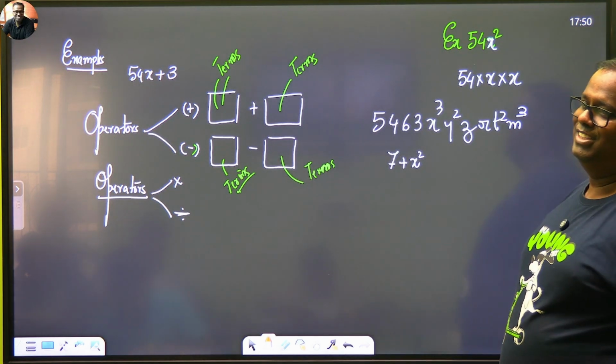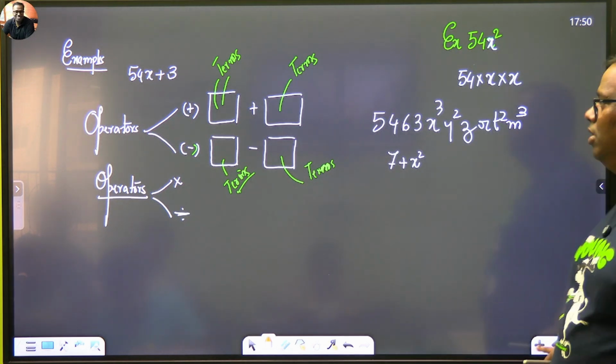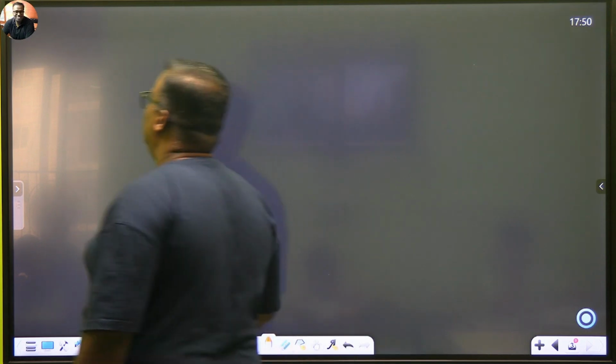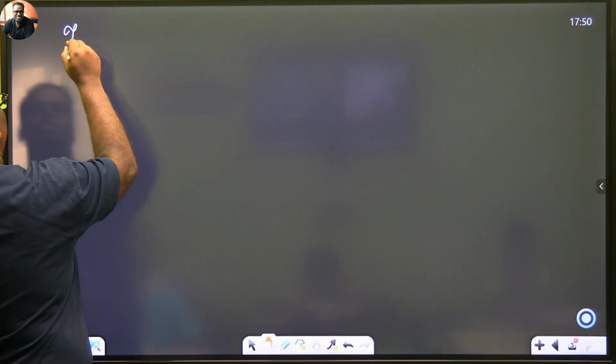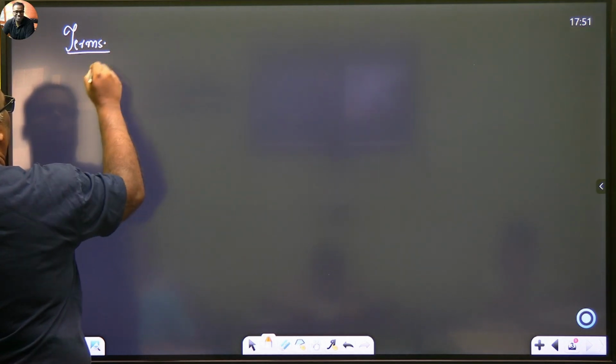Yes. Is it becoming clear? Coefficient of x square is 1. So let's see something more. Okay. Now that we have understood terms, let's go for some examples.